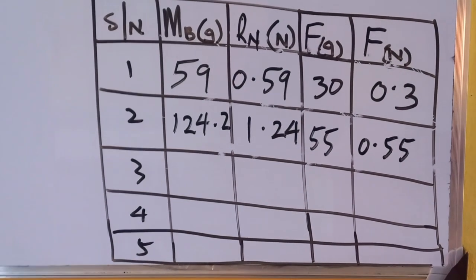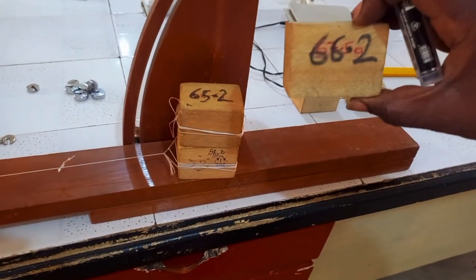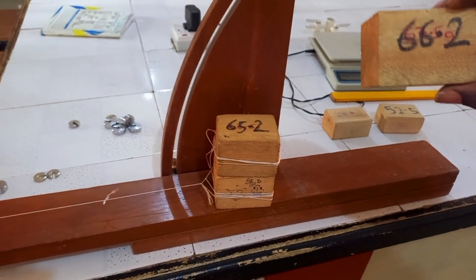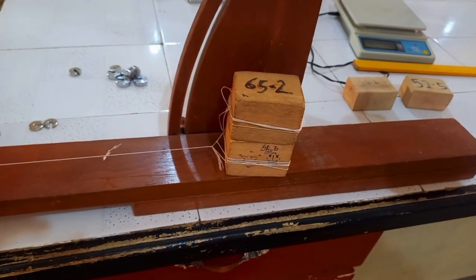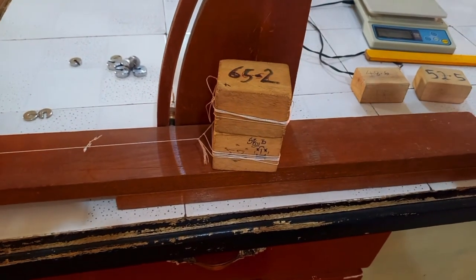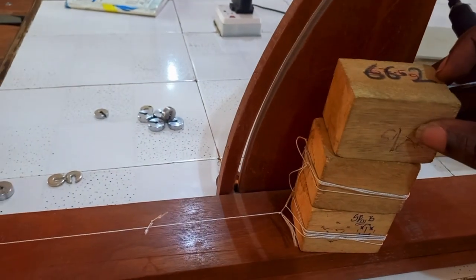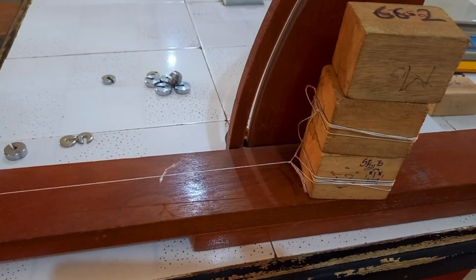The learners have taken the mass of this and have shown it to be 66.2. Now mark you, if we total the two previous masses, we obtain 124.2. Now if we add 66.2, that will give us 190.4.